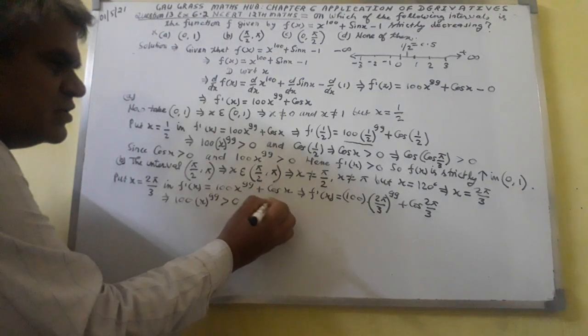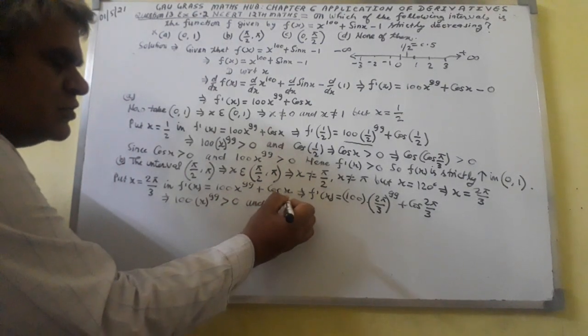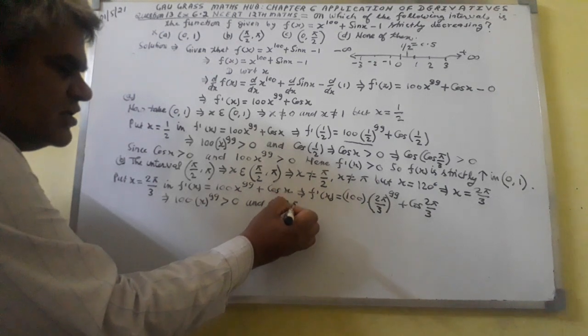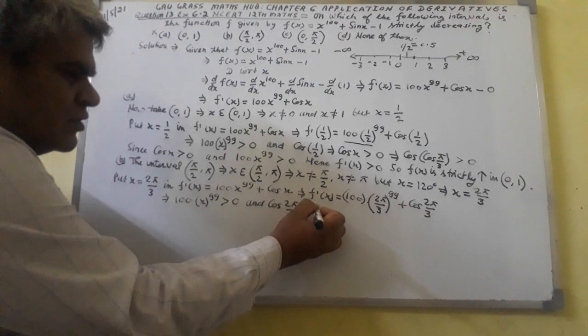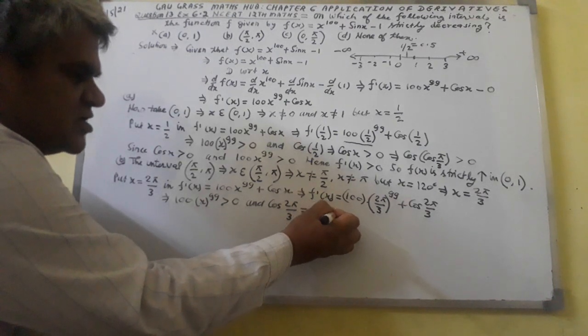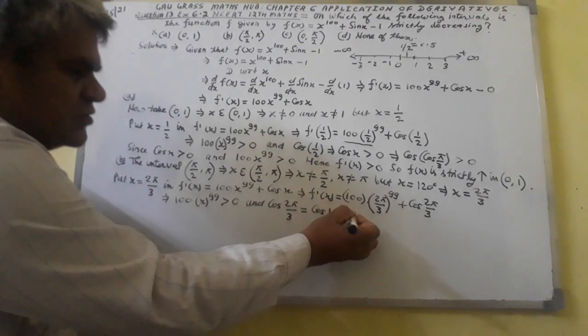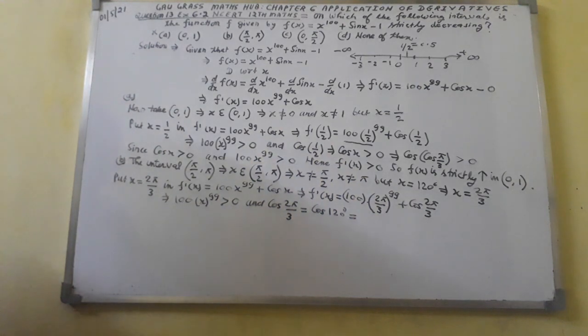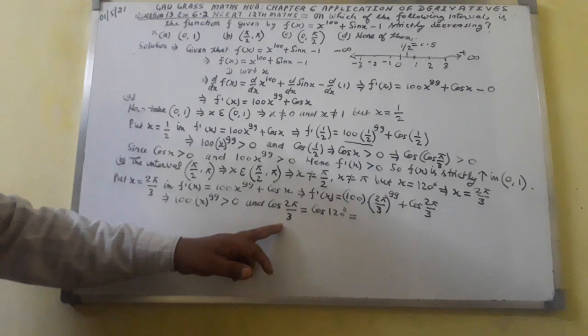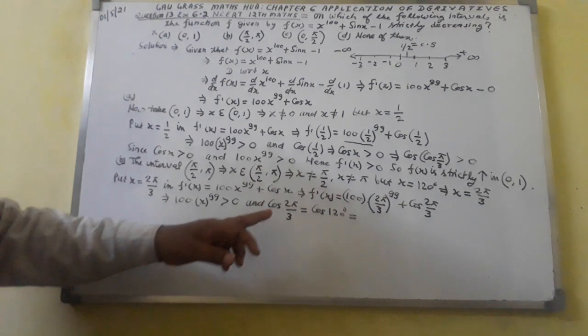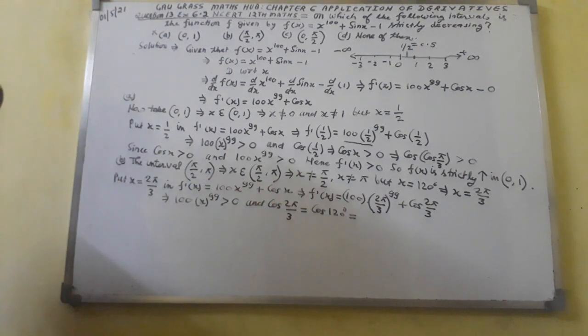And cos 2 pi by 3 you will get here equal to cos 120. Pi means 180 degree. 180 degree divided by 3 comes out to be 60 degree. 60 into 2 comes out to 120.